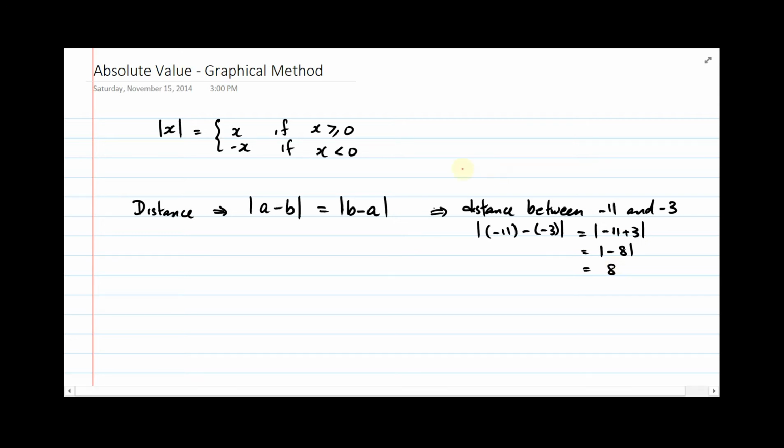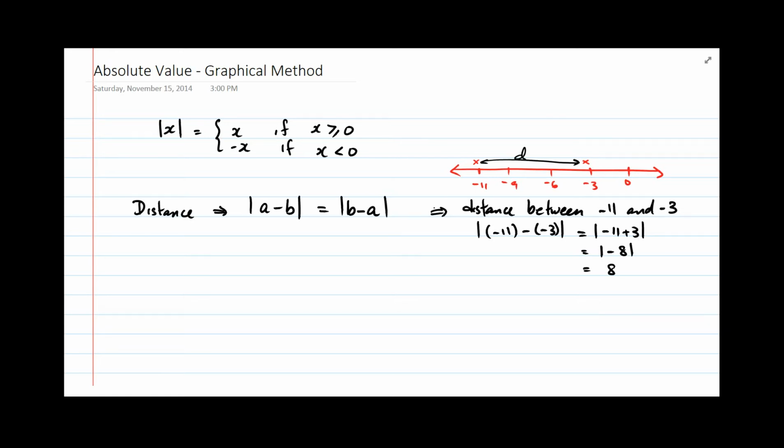From a graphical point of view, I made the numbers a bit larger because I didn't particularly want to go through my numbers on the number line. Negative 6, negative 9, maybe negative 11 is somewhere down here. I wanted to find out the distance between these 2 points. As I mentioned, it didn't matter if I had started with negative 3 first.